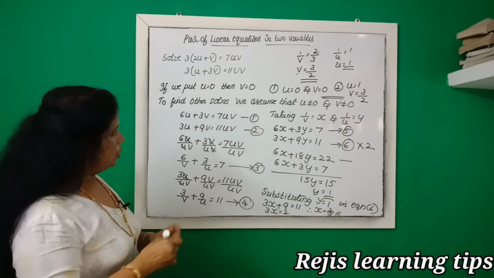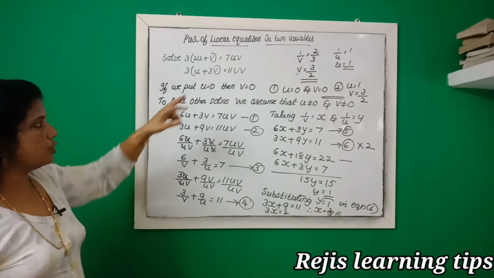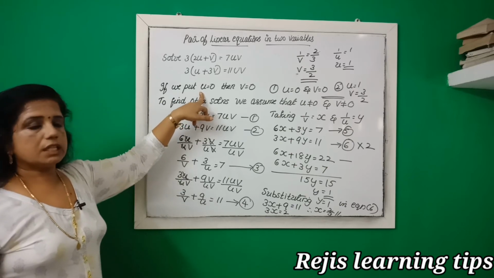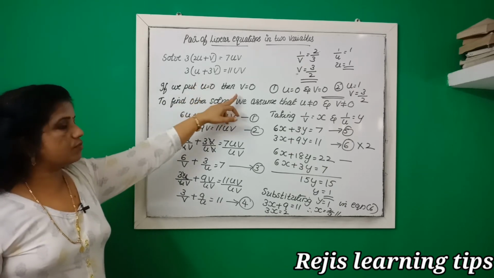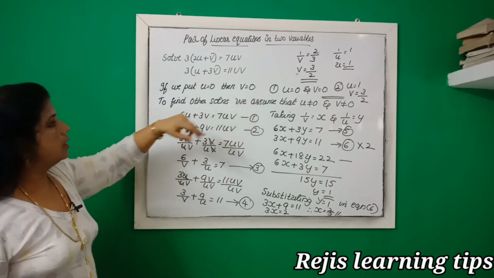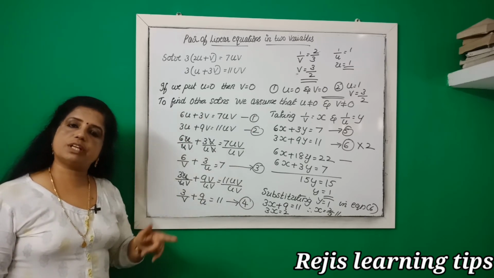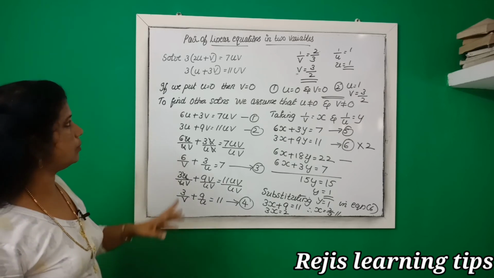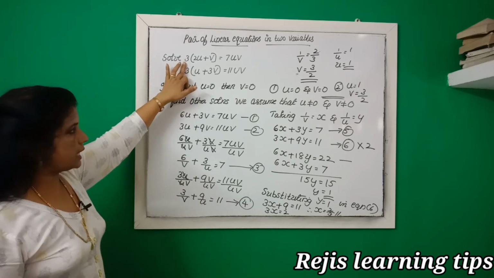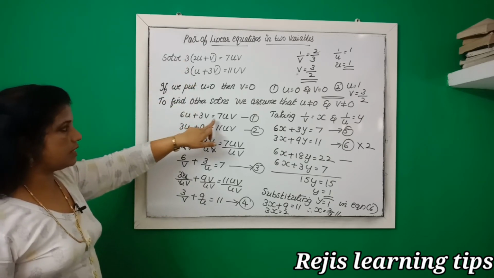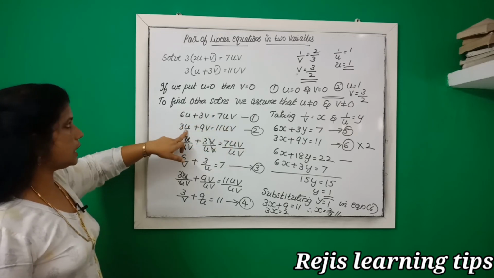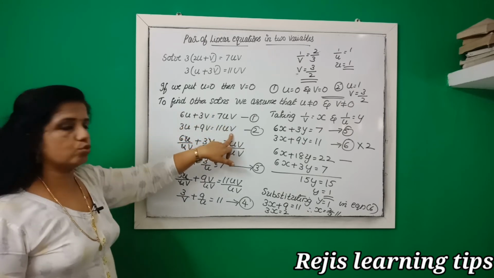Understood? First we put u equal to 0, then we know that v is also 0. To find the other solutions, we assume that u is not equal to 0 and v is not equal to 0. First you open the brackets, then we get 6u + 3v is equal to 7uv and 3u + 9v is equal to 11uv.